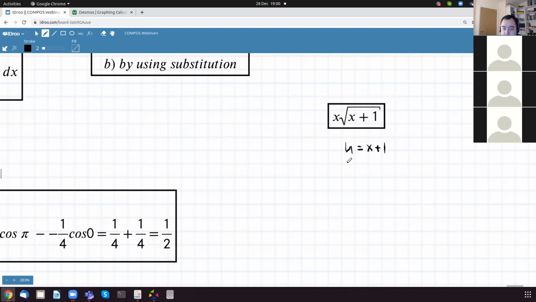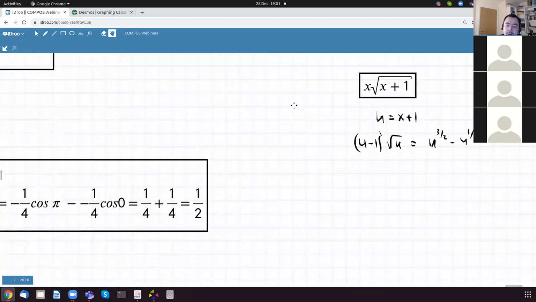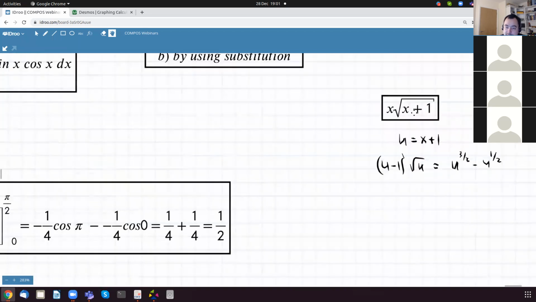Because then x is equal to u minus 1, so you get u minus 1 multiplied by square root of u. And this is actually much simpler to deal with, because then you can do u to the power 3 over 2 minus u to the 1/2. And this is easy to integrate. This is not easy to integrate. You can't really integrate that. You have a square root of x plus 1. It's not a power. So this is a substitution.